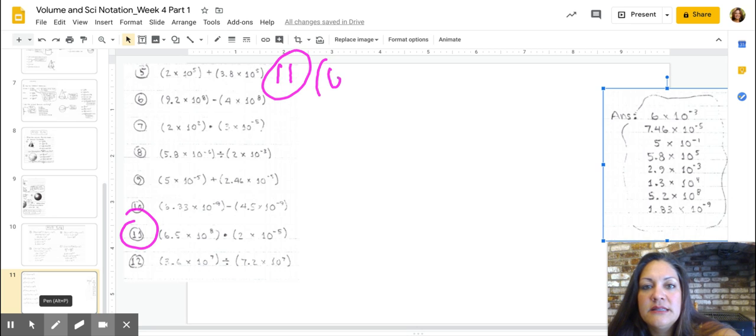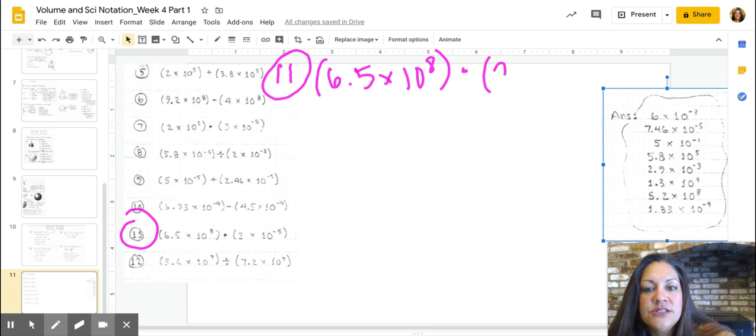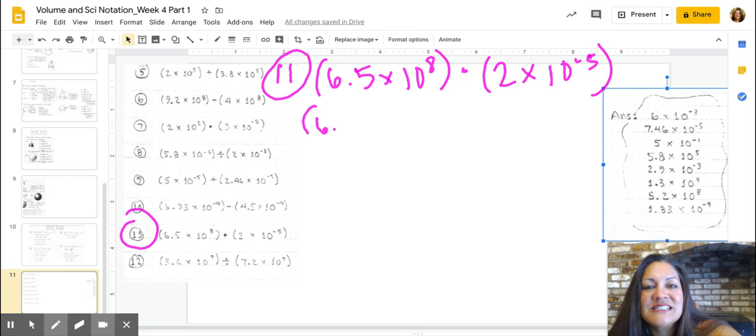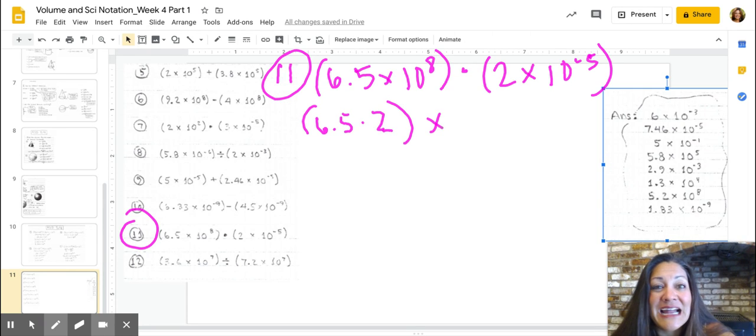All right. 6.5 times 10 to the 8th times 2 times 10 to the negative 5th. It's 5 and a negative. All right. So we're going to multiply 6.5 times 2 times, and remember we add the exponents, 10 to the 8th plus negative 5.